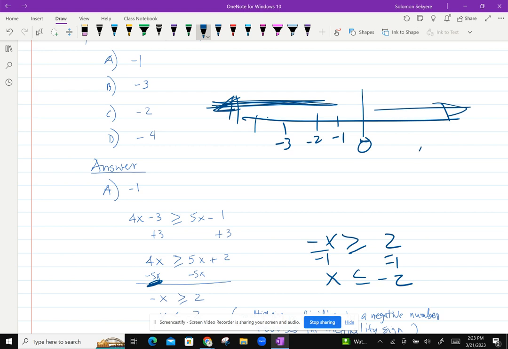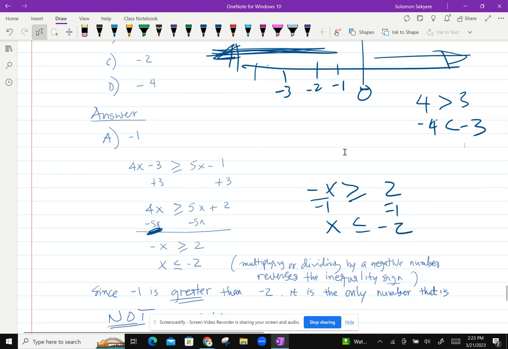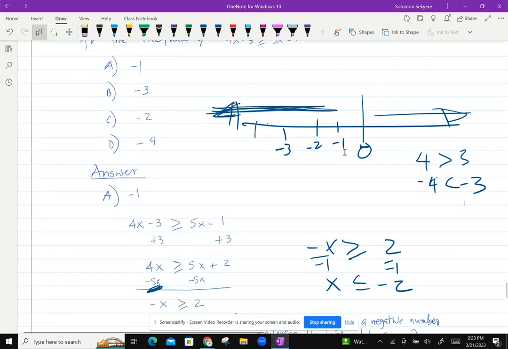So even though 4 is greater than 3, negative 4 is less than negative 3. So our solution is x should be less than or equal to negative 2.